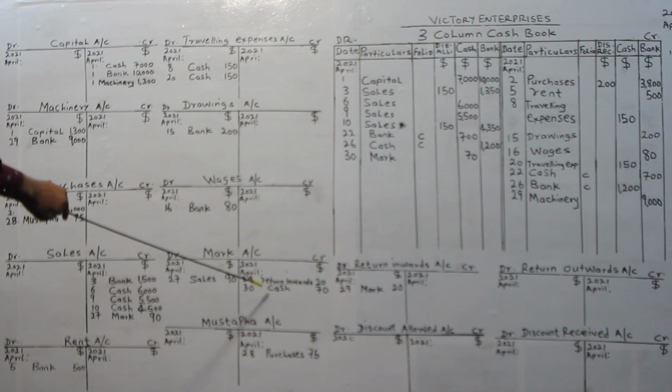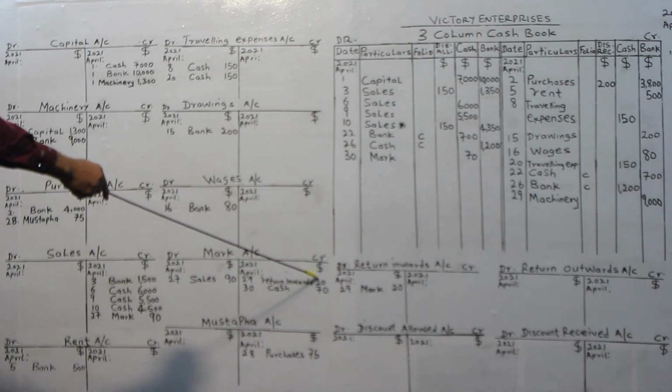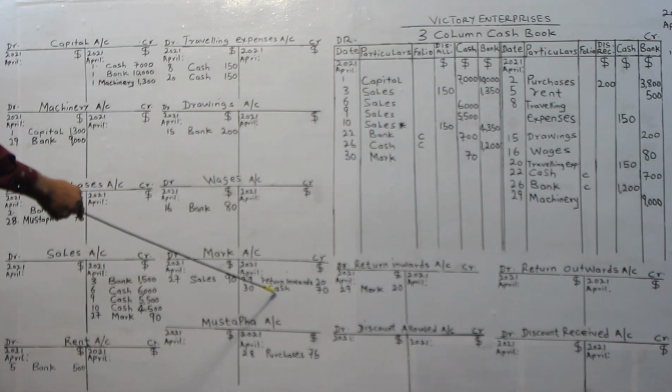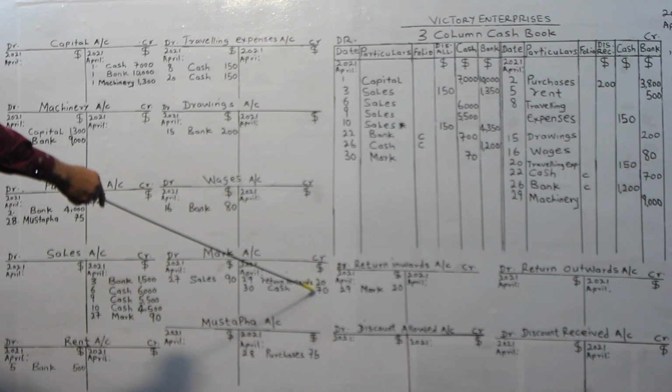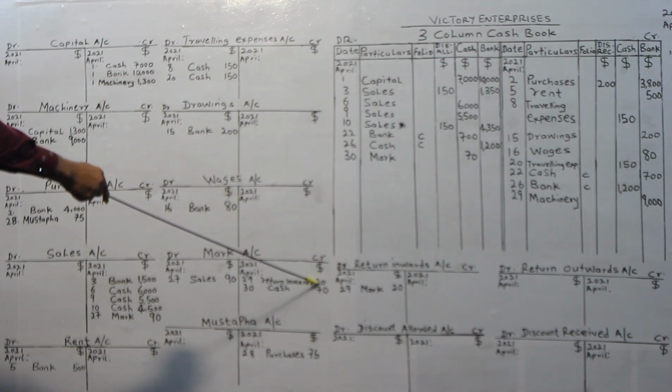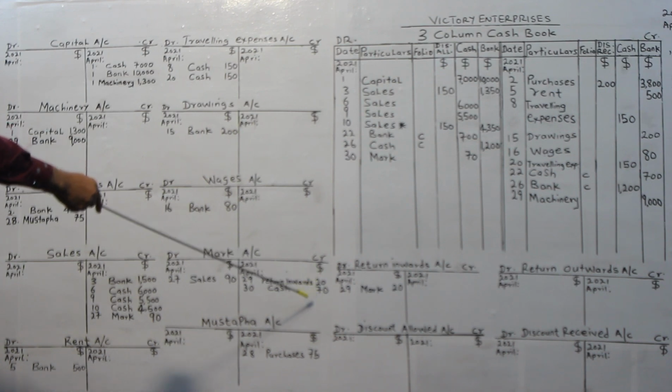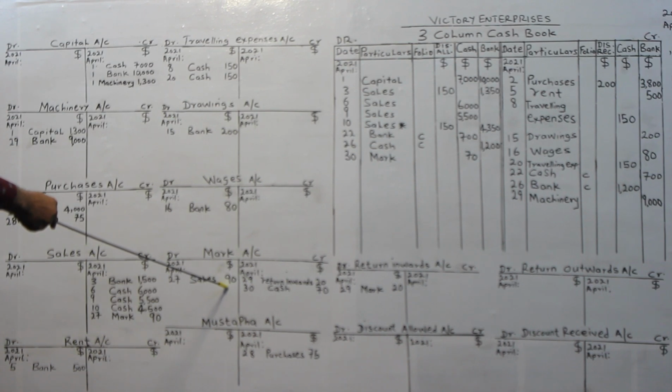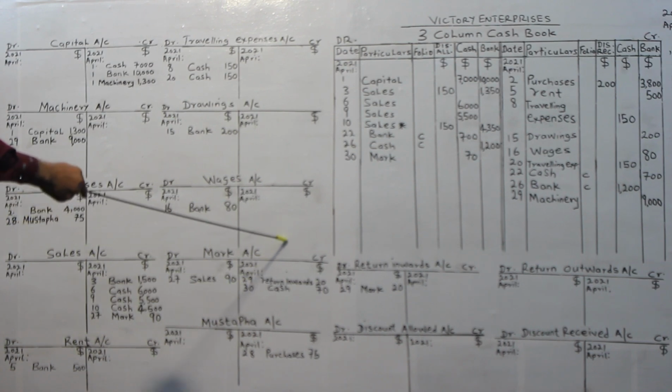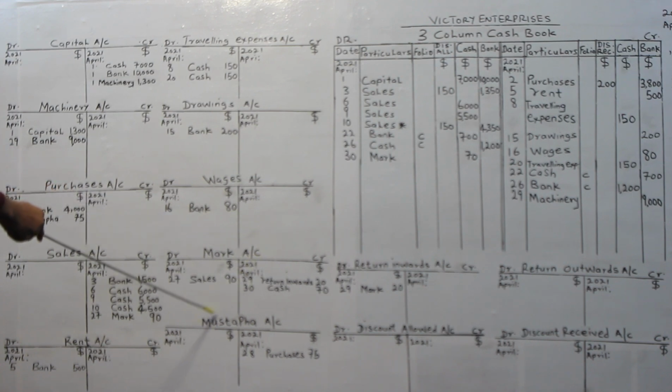Mark returned goods of $20 and paid cash at this point of $70. 70, that is cash paid, plus goods returned of $20 gives $90, which is equal to the total goods sold to Mark. At this point, Mark's account is said to be closed and will not appear anywhere in the account again.